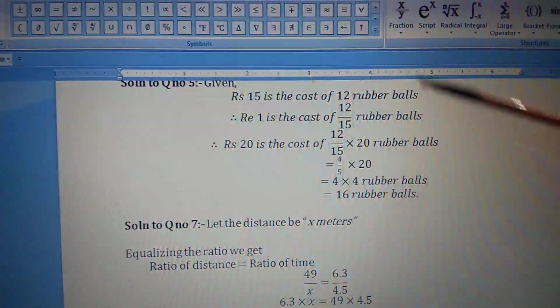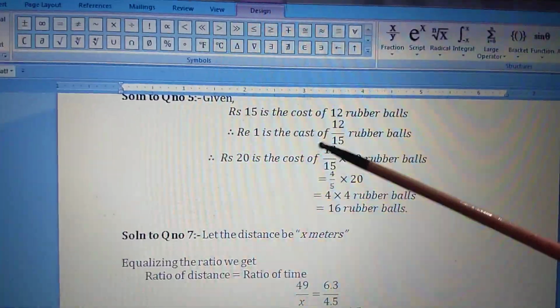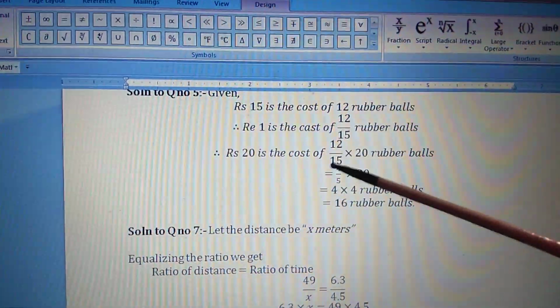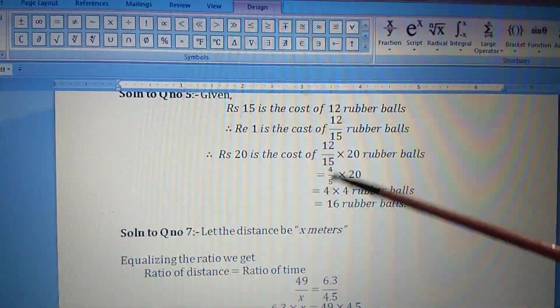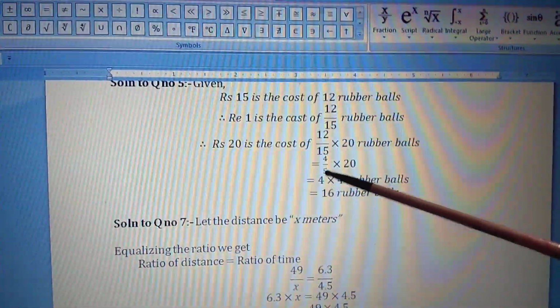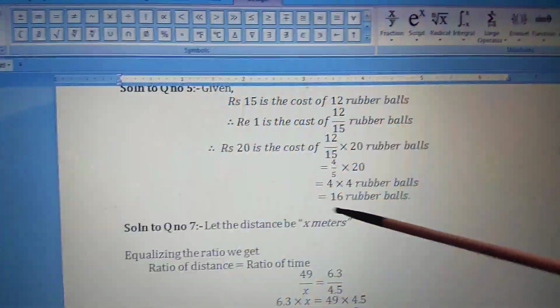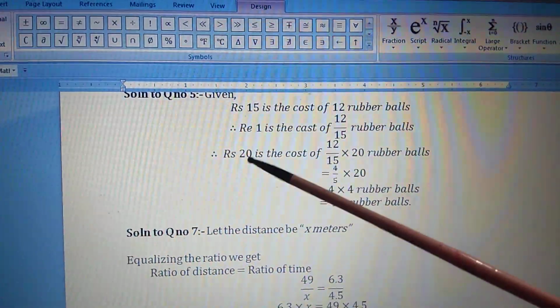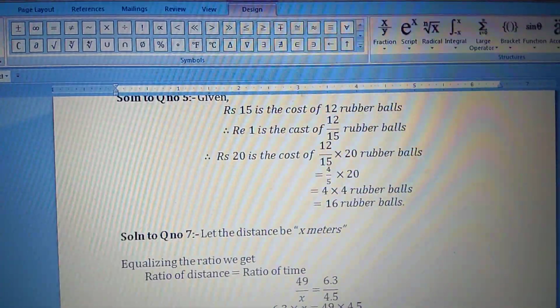According to the unitary method, after the one's line we need to multiply. Then I have simplified 12 and 15. Both get cancelled by 3. 3 4s are 12, 3 5s are 15. Then 5 4s are 20. So 4 into 4 is 16 balls. So for rupees 20 we can get 16 balls.